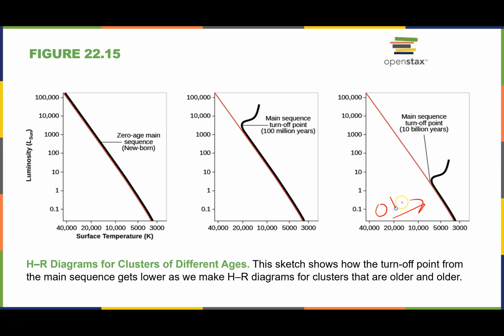You told me that this one would be oldest of all of these, and this one would be older, and this one would be the youngest. If that black line represents where stars are hanging out, youngest means that they've all just arrived. All right, and this talks about the turn-off point.